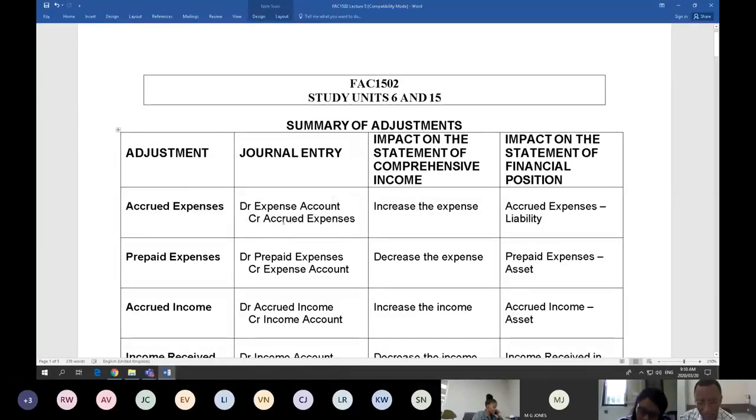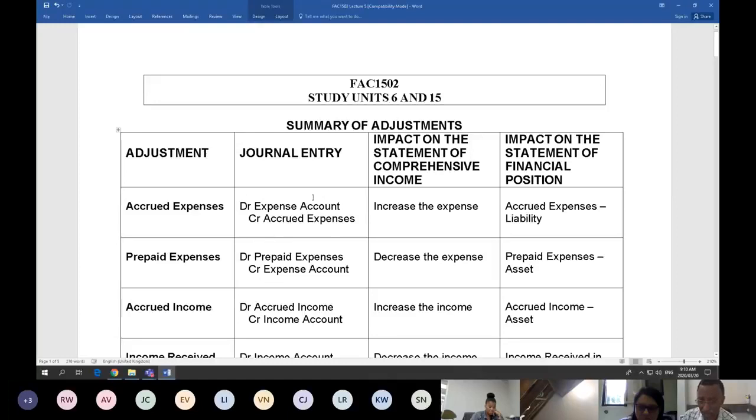If you didn't pay salaries, you debit salaries and you credit accrued expenses. All the expenses are debited because your expenses increase. You will have more expenses than what is projected in your trial balance, and you credit your account accrued expenses.